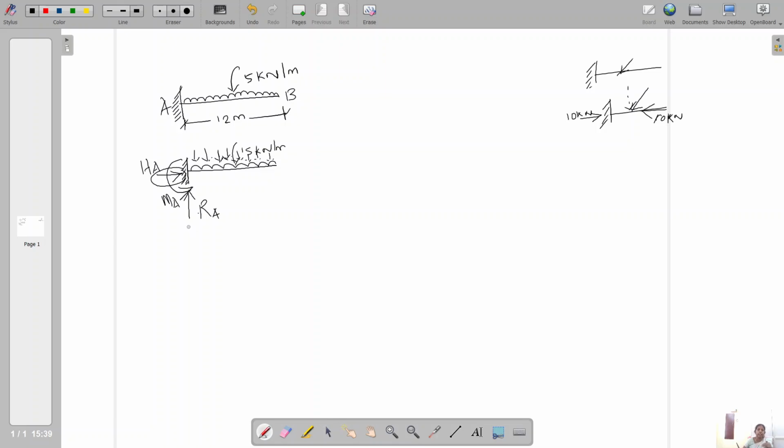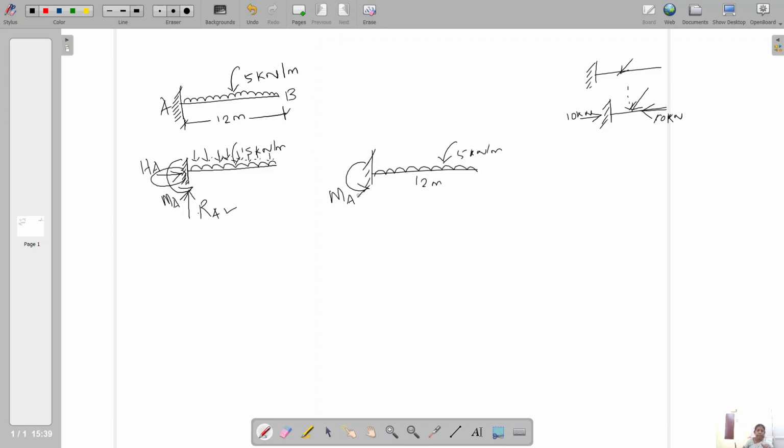So definitely the resistance will be upward. That's why we are assuming the direction of RA. But the moment we can judge anyhow, and we can prove it by the equation. First of all, I am assuming some direction of moment at A for the given loading of 5 kilonewton per meter over the 12 meter span.